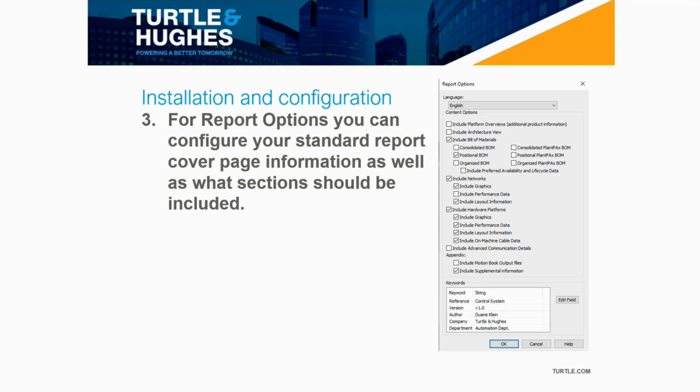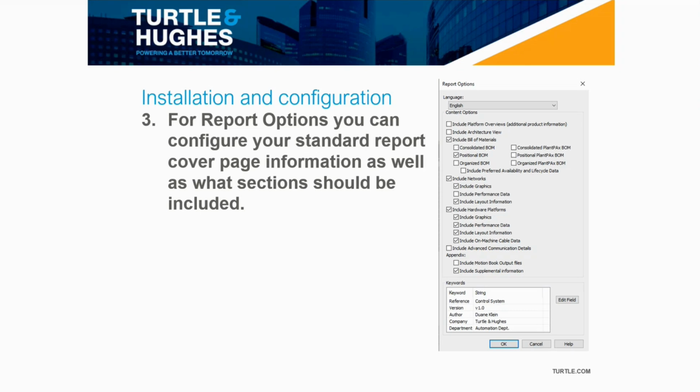Then down at the bottom, you can select what your cover page keywords should be, including things like, in general, what do you want to call the system? And you can adjust this job by job. Every time you run the report, you can go into your report options and make these changes.